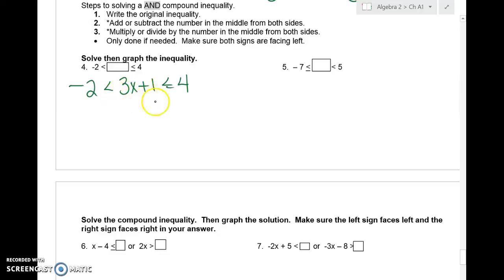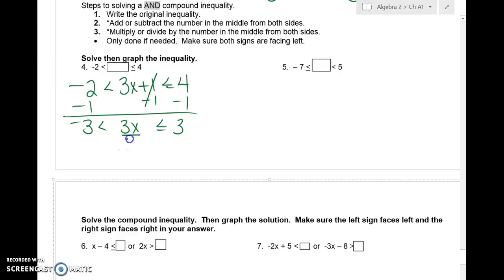First thing I would do to get x by itself is subtract 1, which means we subtract 1 in the middle, and on the left, and on the right. What should we do next?